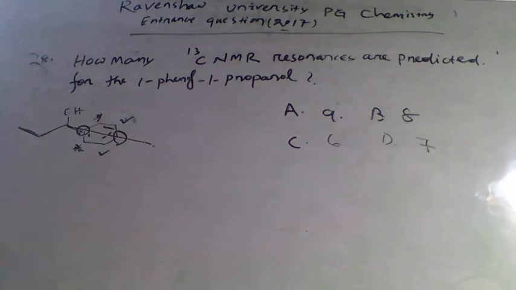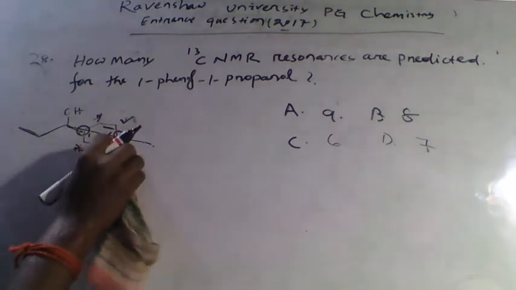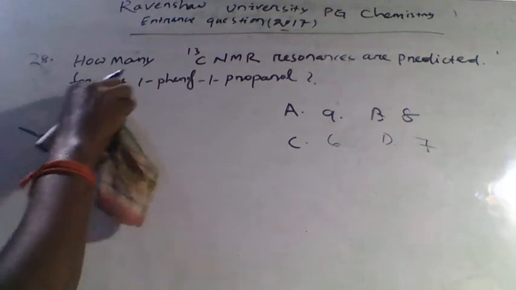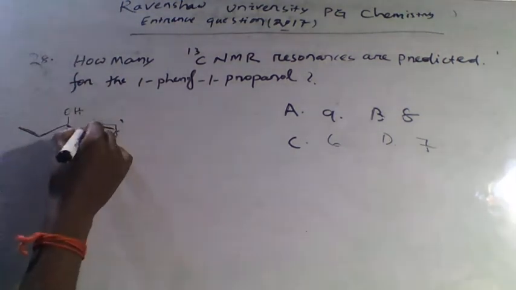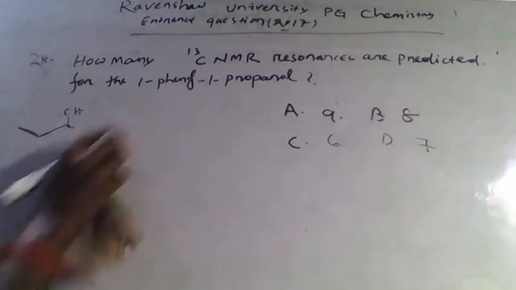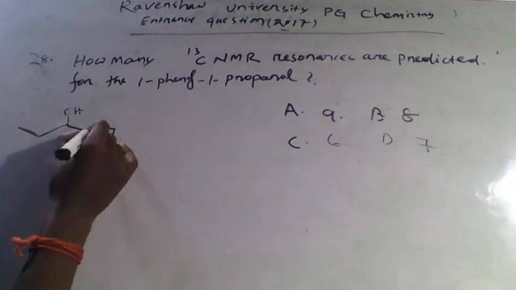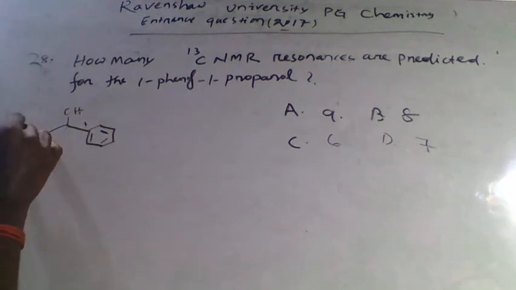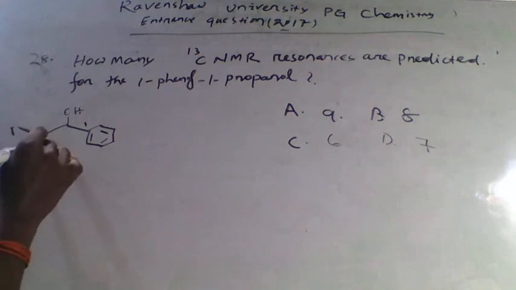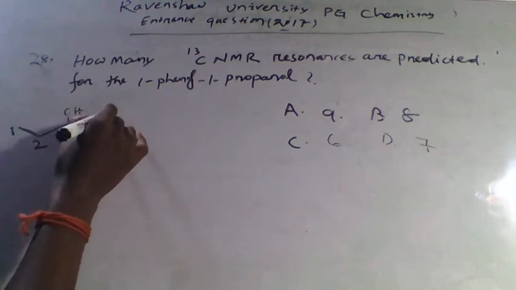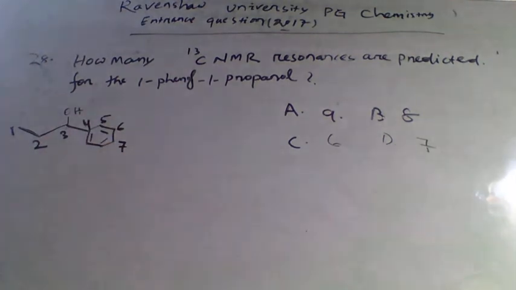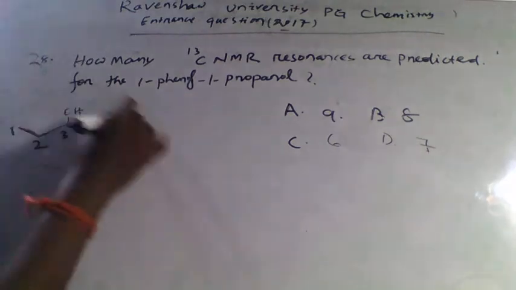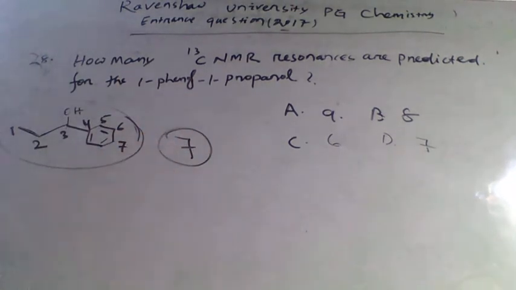We'll number here how many carbon-13 NMR signals are possible: 1, 2, 3, 4, 5, 6, 7. Hence the total number of carbon-13 NMR resonances for this particular compound is 7.